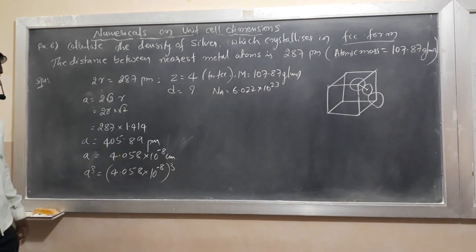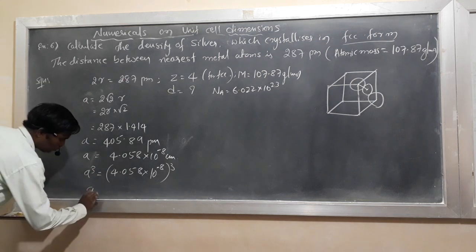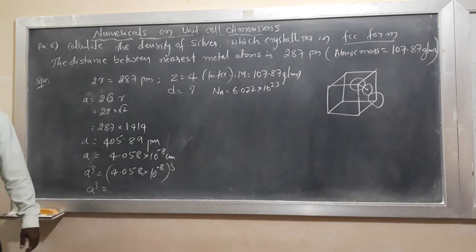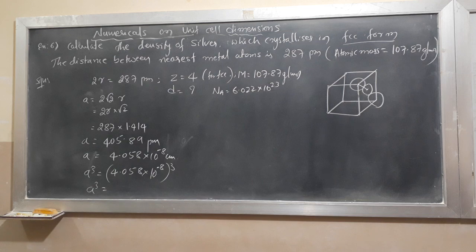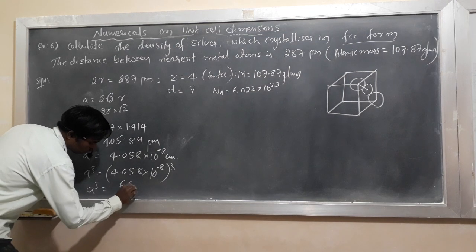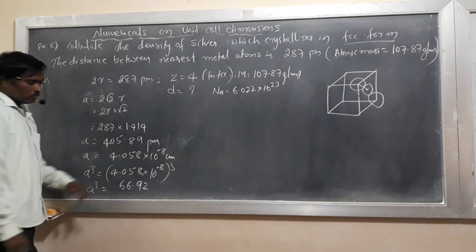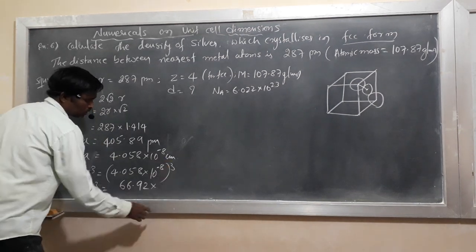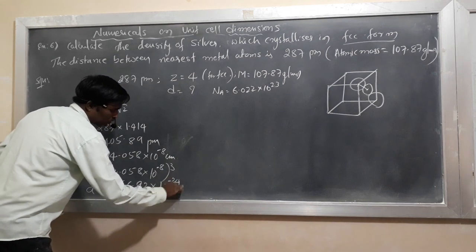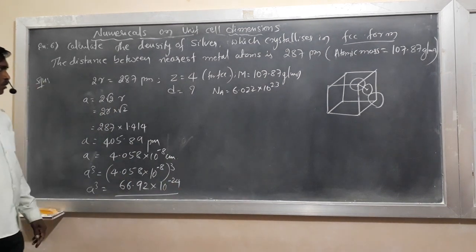Therefore, a cube is equal to 66.92 into 10 raised to minus 8 whole cube, which is 10 raised to minus 24. This is the a cube value.